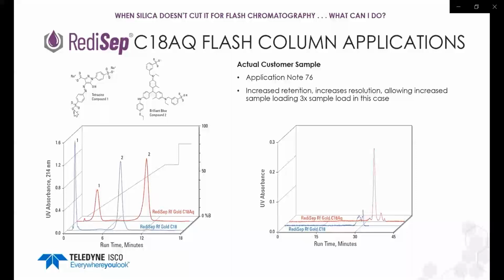Another example here is that we're able to increase the loading on the right using the C18AQ because we're getting better retention and interaction at the stationary phase by switching to the C18AQ. So that retention and selectivity allows us to load up to 3 times more sample in the case on the right here.